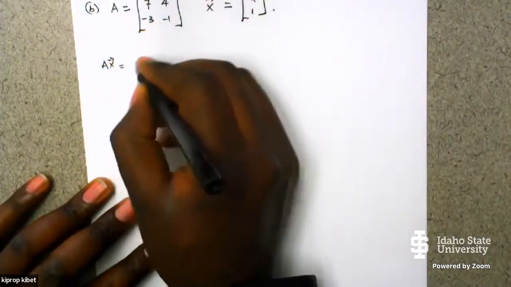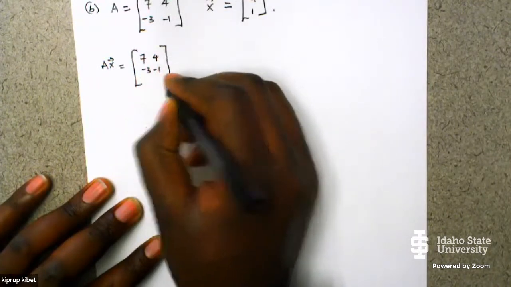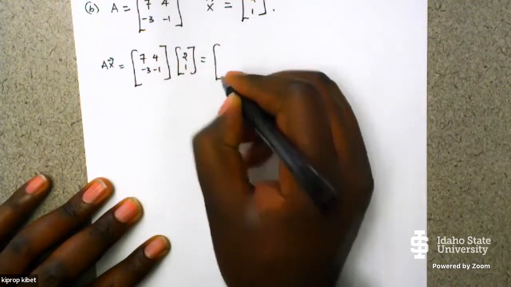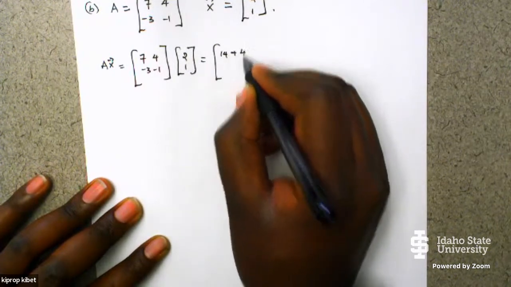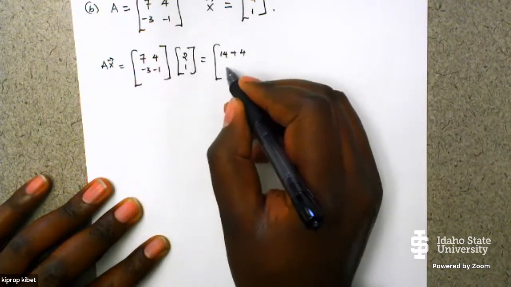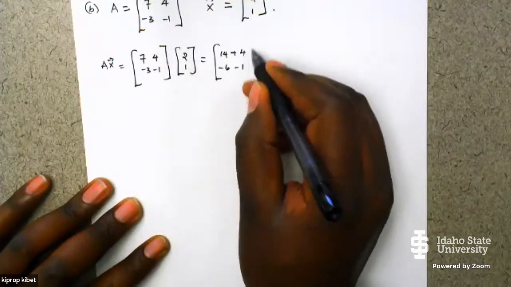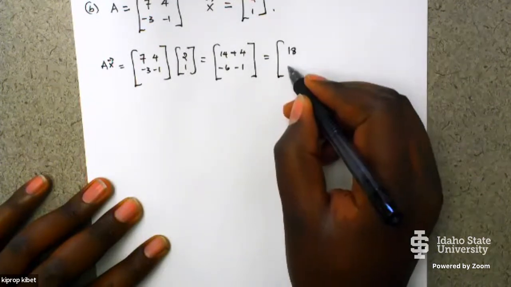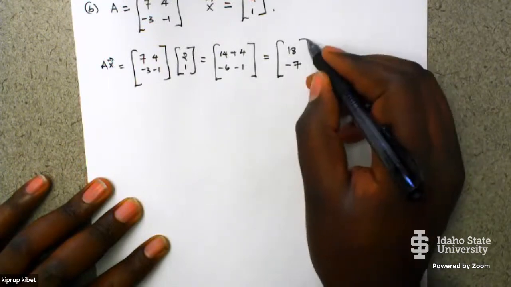AX is [7, 4; -3, -1] multiplied by [2; 1]. What we get is 14 plus 4, and then this is minus 6 minus 1. And here we get 18 and minus 7.